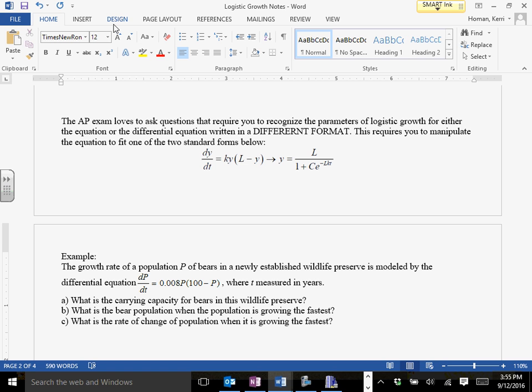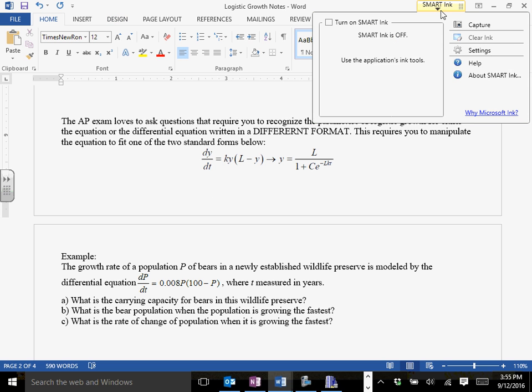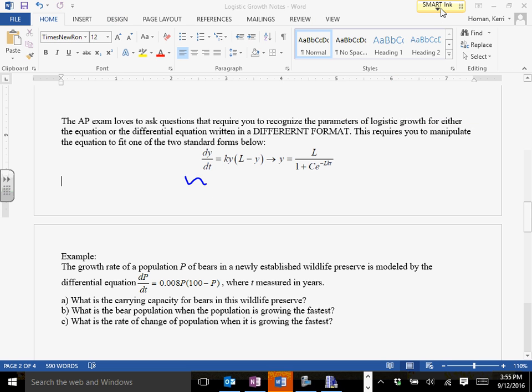At the bottom of the page, I do have a reminder for you that the AP exam likes to try to trick you, you know from experience. So you need to be able to work with these two equations, but a lot of times they're going to disguise that dy/dt equation where maybe it's not factored, or maybe it is factored, but it doesn't look like L minus y, and so you have to do a little bit more factoring.